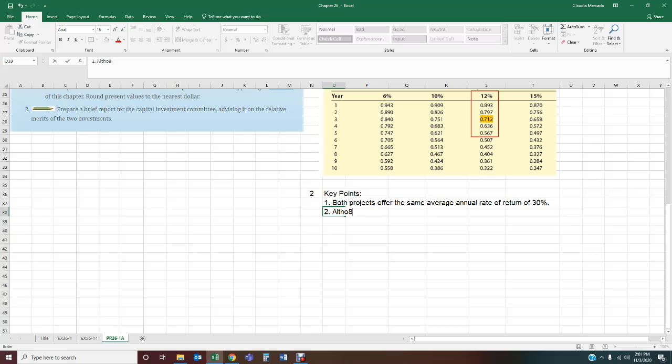So although both projects exceed the selected rate established, remember they wanted to earn 12%. Well, how much are they earning? 30%. So both projects exceed the selected rate established for discounted cash flows.